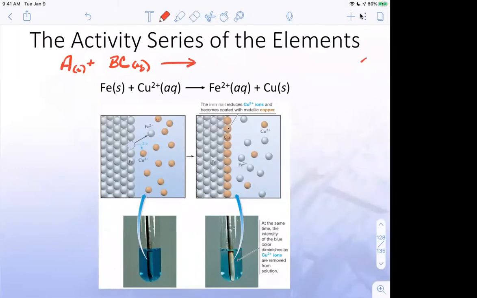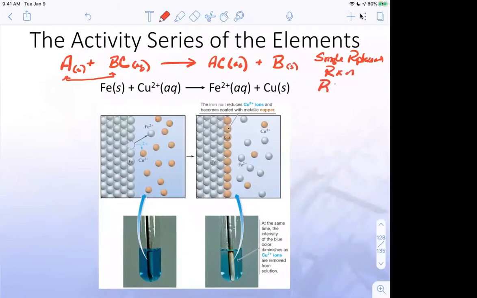And what I end up with is A and B changing places, which means I get AC, a new ionic compound forming, plus a metal usually forming, at least in the ones that we did in the lab, which is a single replacement reaction or a single displacement reaction.